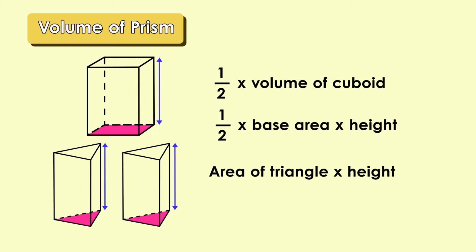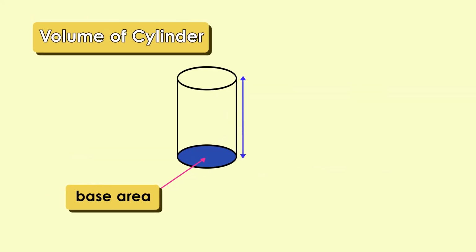Let's learn more about cylinders. Look at the cylinder carefully. The base area of the cylinder is made up of a circle. To find the volume of the cylinder, we use the same concept, that is the base area multiplied by the height.